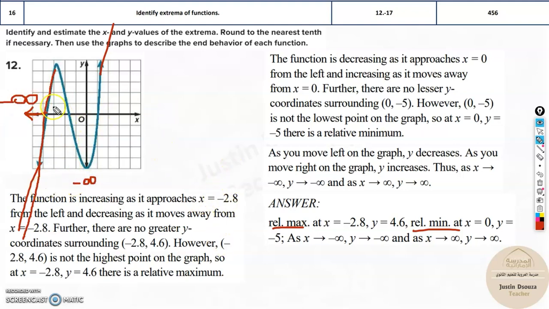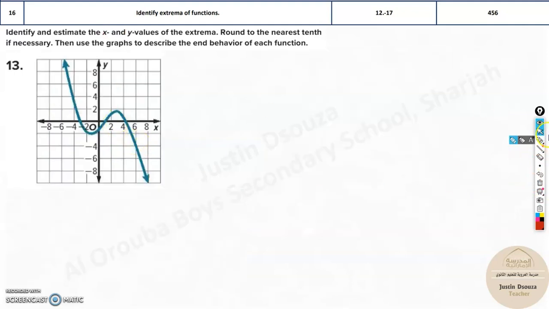So as x goes towards minus infinity, the y value also goes towards minus infinity. Whereas on the right side, as x goes to positive infinity, you can see the y value is also going to positive infinity. That is the end behavior, where these ends are going. That point means it's continuing forever.